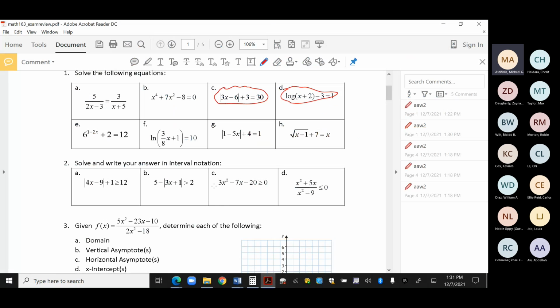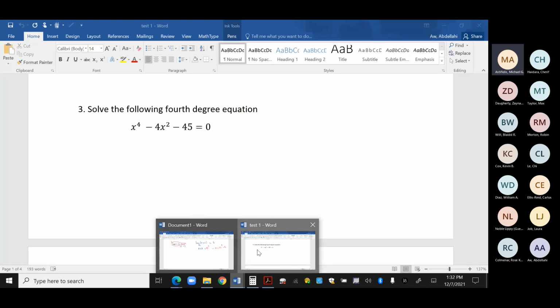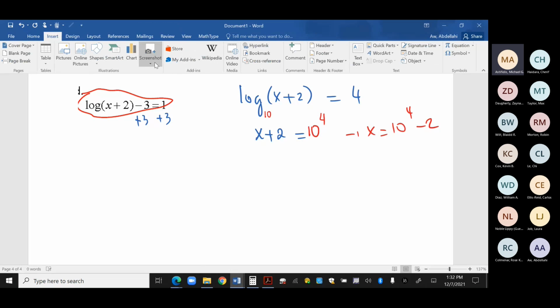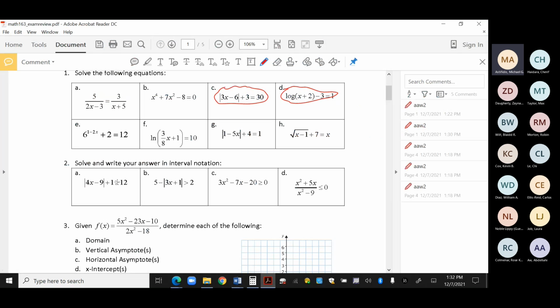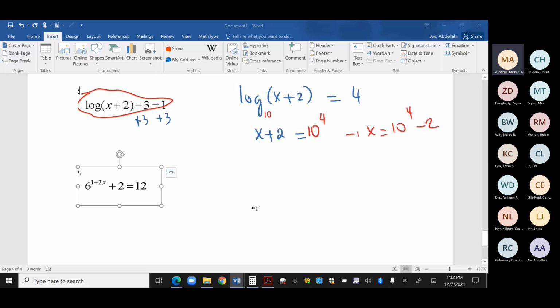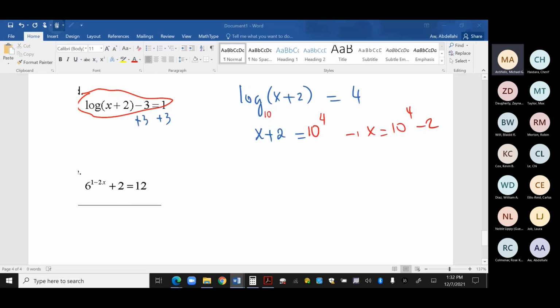So always in this topic right here, the next one here is an exponential equation, 6 to the 1 minus 2x plus 2 equal 12. We did similar equations in the first hour.